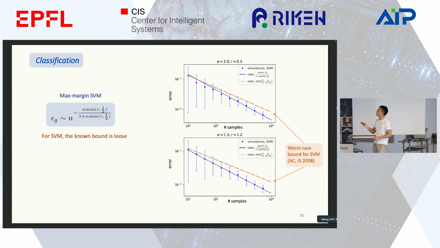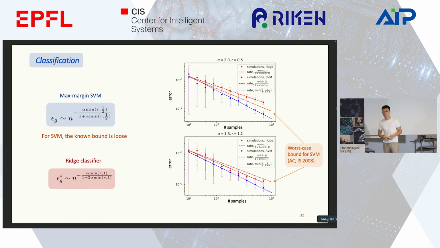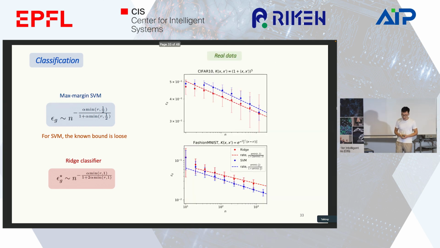So we're improving on that in our analysis, and we also provide the rates for another classifier which is often used, the ridge classifier, where you minimize the square loss in a classification setting. Again, simulations are dots, and dashed lines are the theoretical values. The last couple of plots, and then I'll be done, are again some real data plots.